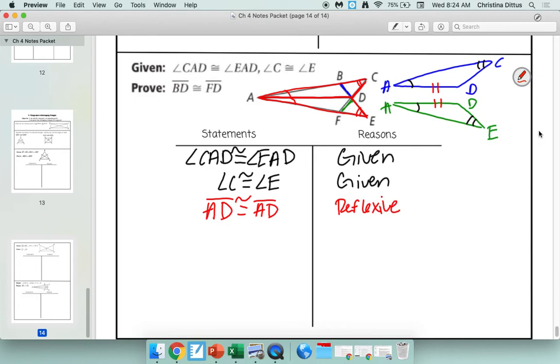Now what? I have three things, so I can say the triangles are congruent. Triangle CAD is congruent to triangle EAD. Because why? Which one is it?